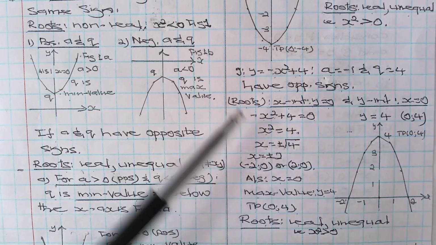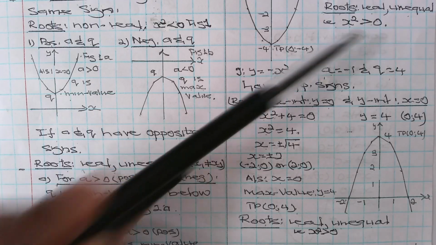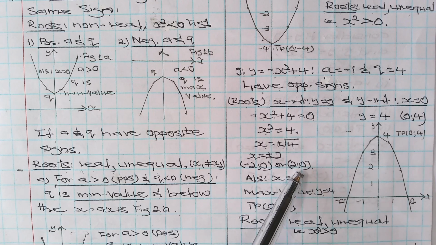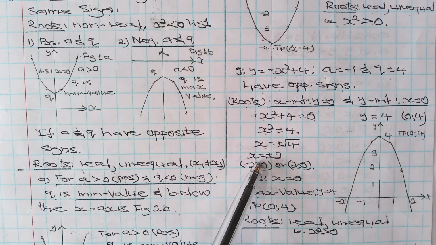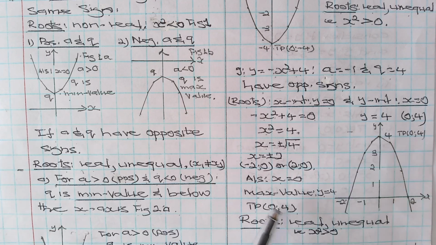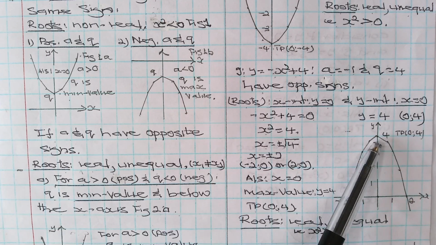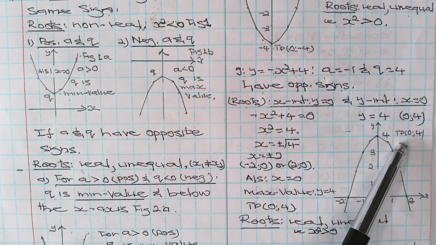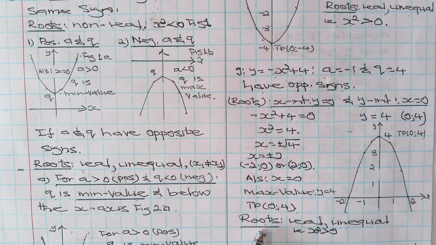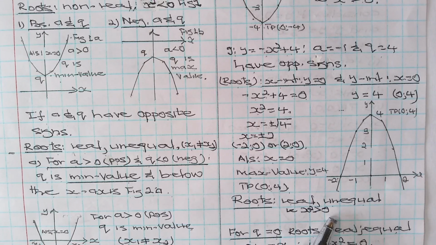Look, x squared is greater than 0. Therefore, the roots are real and unequal. It means x1 is not equal to x2. Therefore, x is equal to negative 2 or x equals 2. Axis of symmetry, it's still 0, and we have the maximum value of 4. The turning point will be 0 and positive 4. The roots will be real and unequal, that is, x squared is greater than 0.